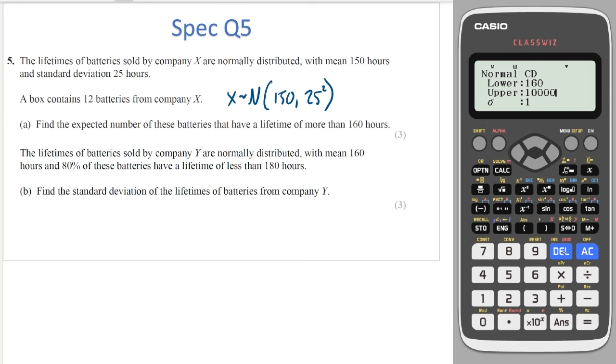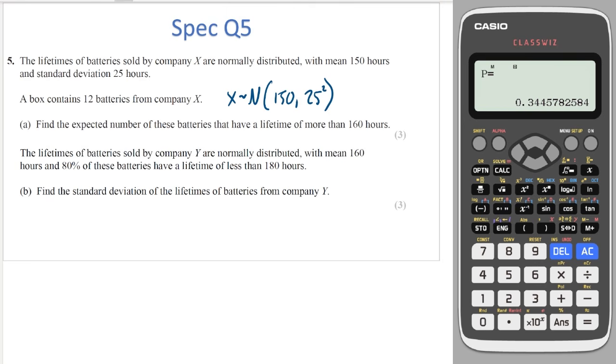And if we were doing it the other way round, we would choose for the lower an arbitrary large negative number. But here we're going to choose a large positive number for the upper. The standard deviation is 25 and the mean is 150.